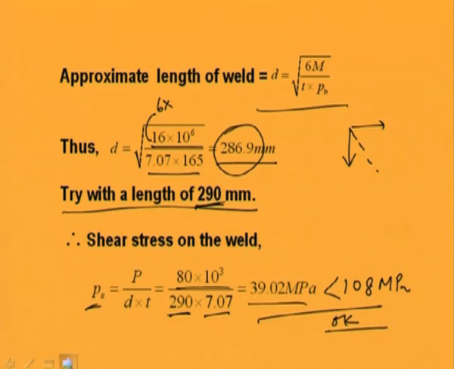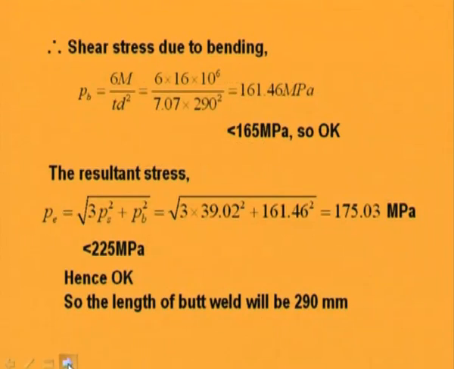Another check we have to do, that is PB, the stress due to bending, which will be 6M by T D square from the equation. If I put the values, 6M is 16 into 10 to the 6, T is 7.07 and D is 290. From that we get 161.46 MPa, which is less than 165 MPa.